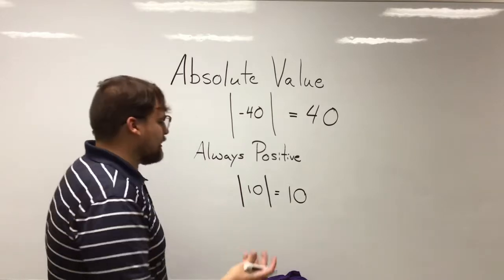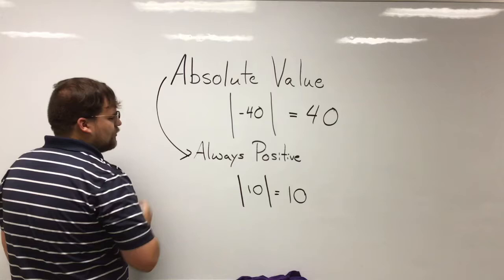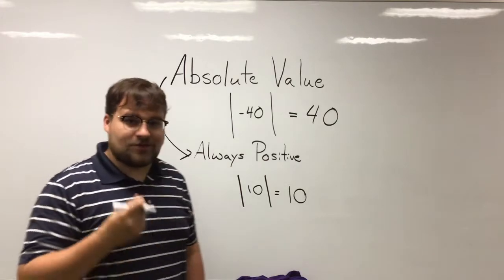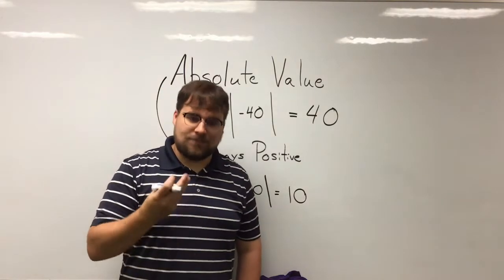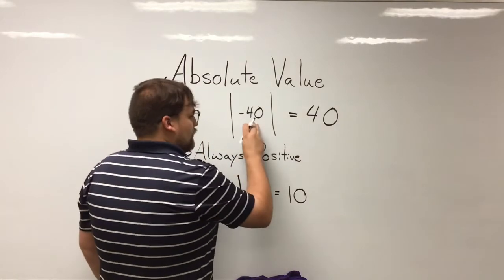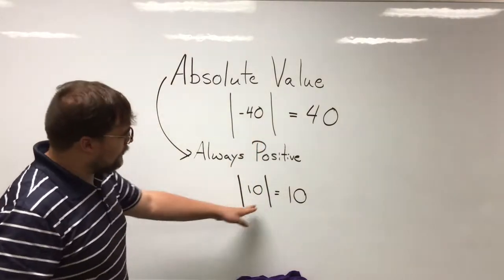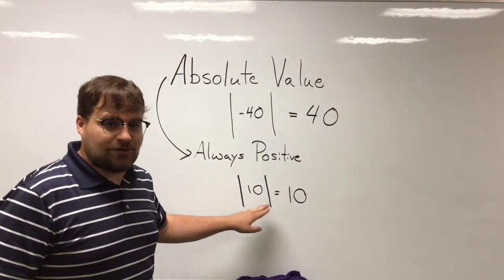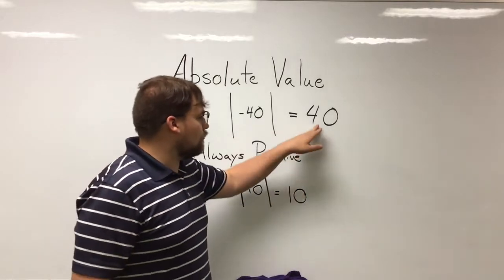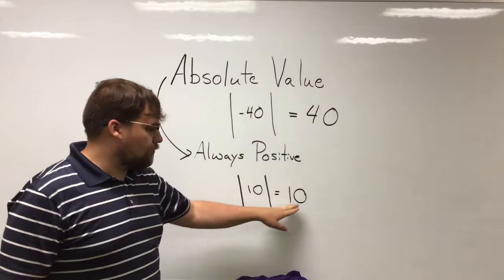Remember, the big key to absolute value is that the answer is always going to be positive. So whether it looks like this with a negative inside those absolute value bars, or this with a positive inside of those, the answer will always be that number, but positive.